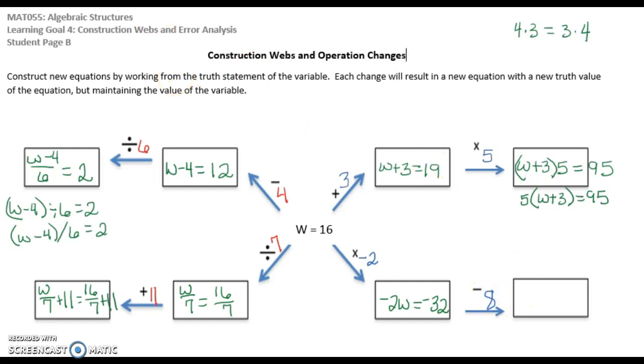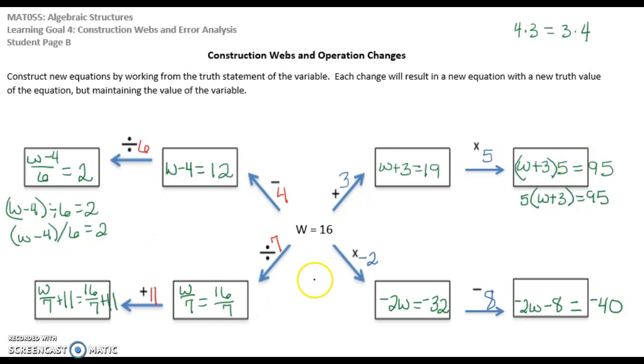And when I subtract 8 from the negative 2w, that just means my negative 2w is decreasing by 8 units. So instead of negative 2w having a value of negative 32, when I decrease by 8, I'm going to end up with negative 40.